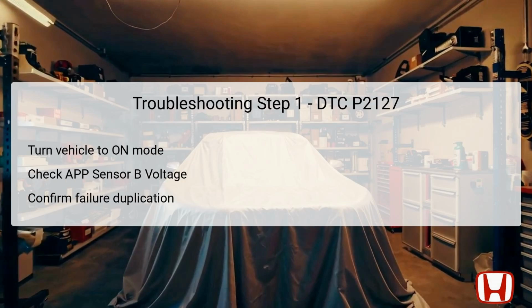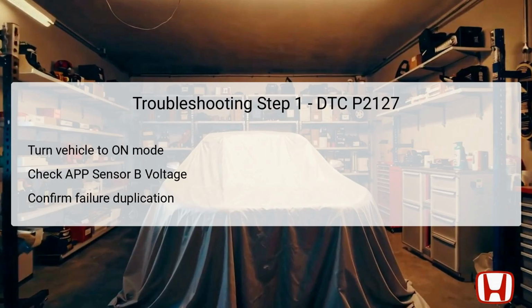In the first troubleshooting step for DTC P2127, begin by turning the vehicle's ignition to the on mode without starting the engine. This mode activates the electrical systems and allows the diagnostic tools to read the current status of various sensors. Inspect the APP sensor B voltage using the Honda Diagnostic System, HDS, to check for its output.